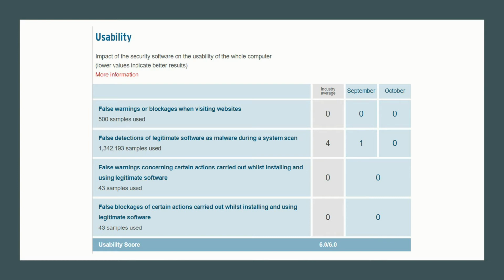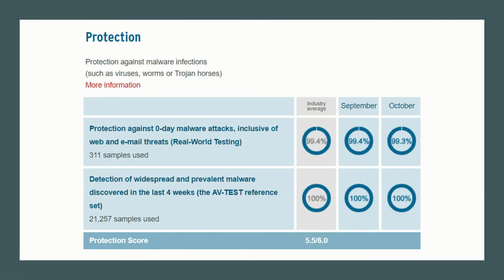It gives false warnings or blocks websites that actually aren't malicious, gives false detections of actual software and calls them malware during a system scan, or even gives false concerns when installing or using legitimate software from a verified company. This next figure shows the rate of valid protection against true malware attacks, and the benefits of using an antivirus application.